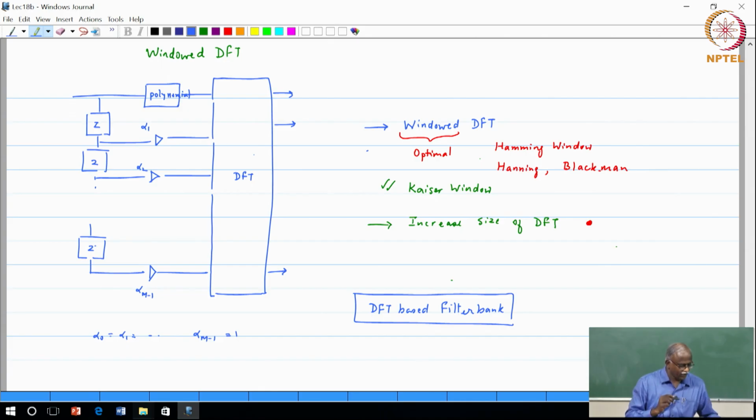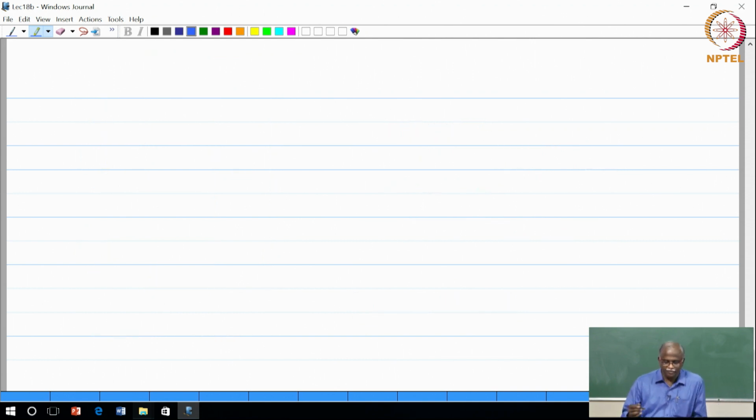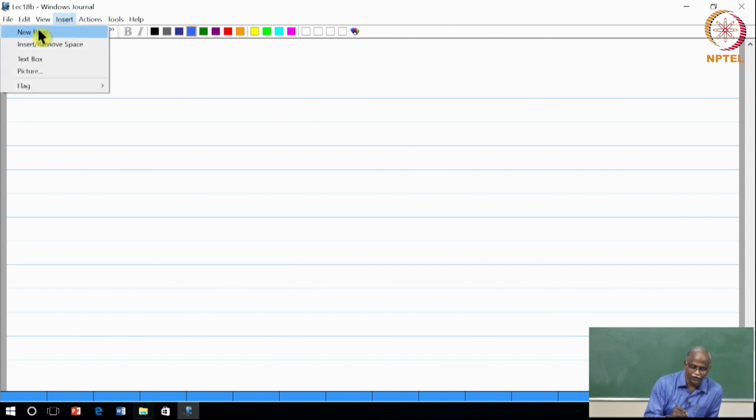Okay, now let us put aside the DFT and go back to some underlying tools that we can develop in the context of multirate.